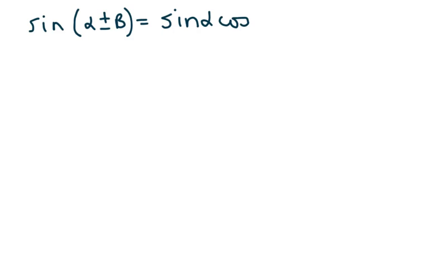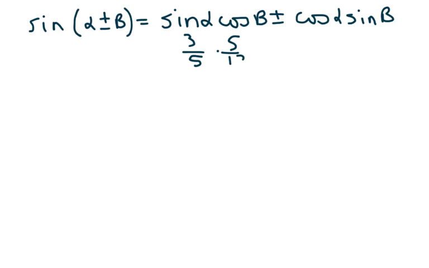Okay, I have all mine written down, and we are first going to find sine of alpha plus or minus beta, and we're going to do this all together to save time. It is sine of alpha cosine of beta plus or minus cosine of alpha sine of beta. And you just plug it in. So sine of alpha is 3/5. Cosine of beta is 5 over 13.